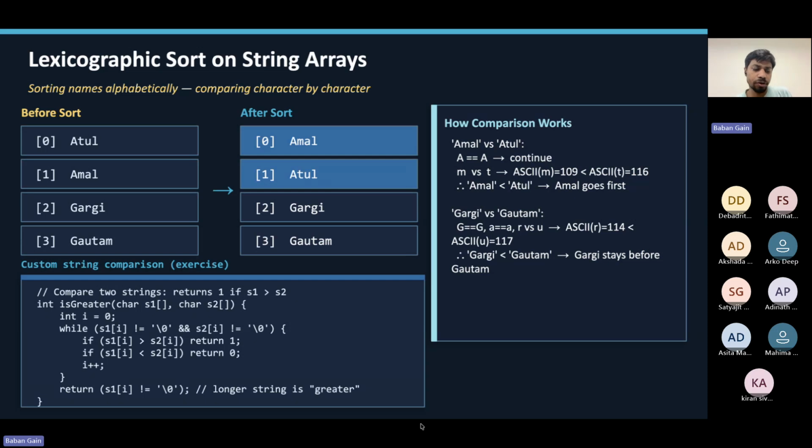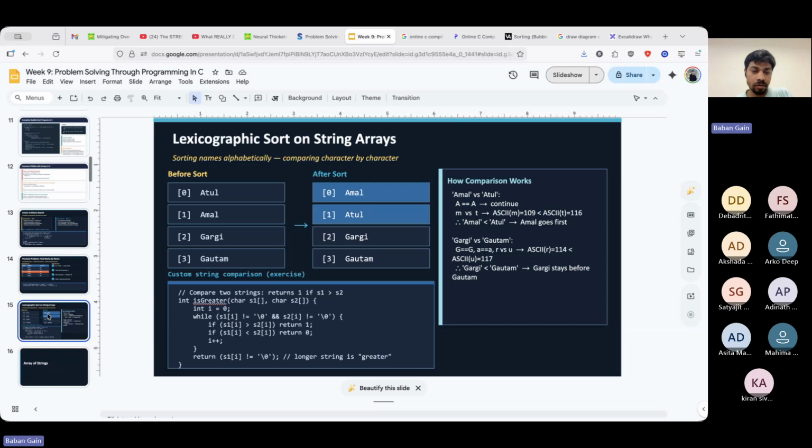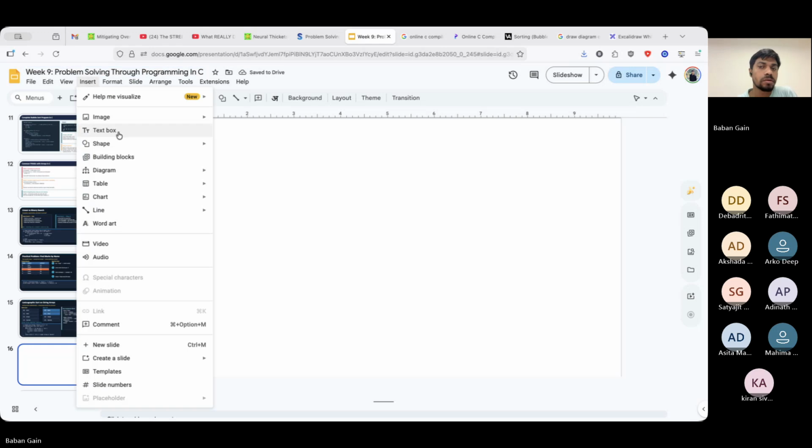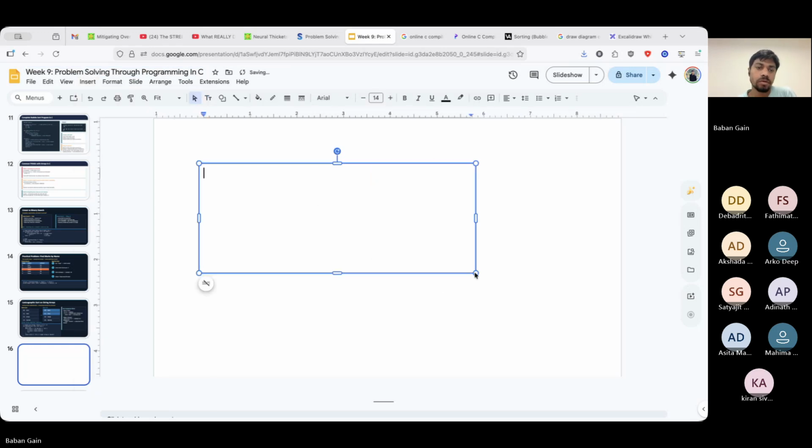Let me just quickly ask a question. If I make an array like this, assume that we are doing a bubble sort here.